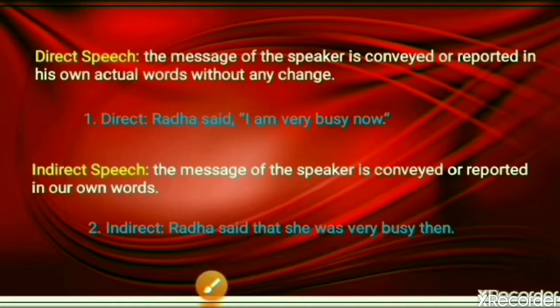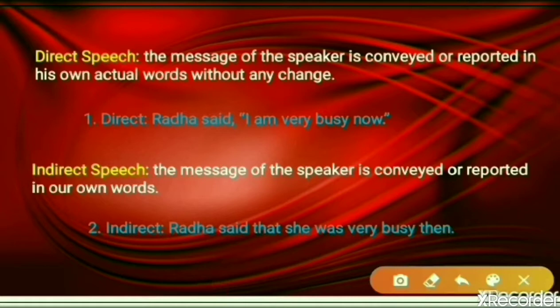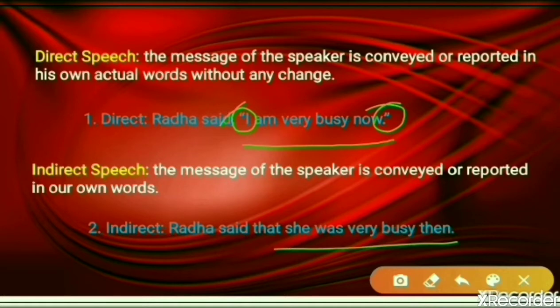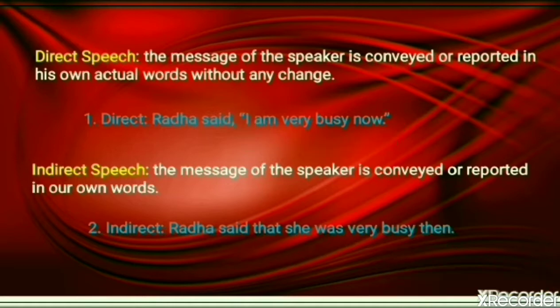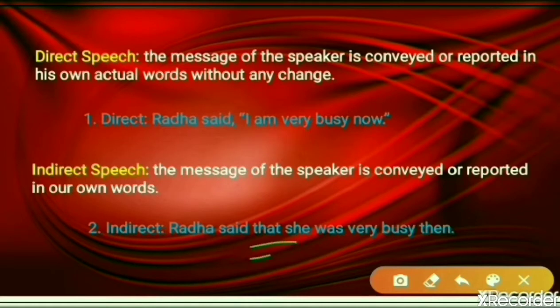See here, in the first sentence, the direct words of the speaker are enclosed with inverted commas. But here, they are not. So you have to remove the inverted commas when you convert direct speech into indirect speech. The word that is used before the spoken words of the speaker. So here we can see the word that is used, but in the direct speech it's not.